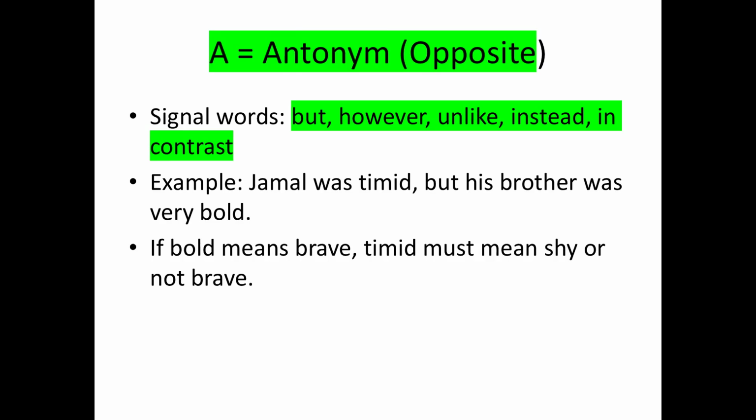I'm going to give you a minute. Make sure you always have pencil and pen. Your words are but, however, unlike, instead, in contrast. When you see those words, you may have an antonym.